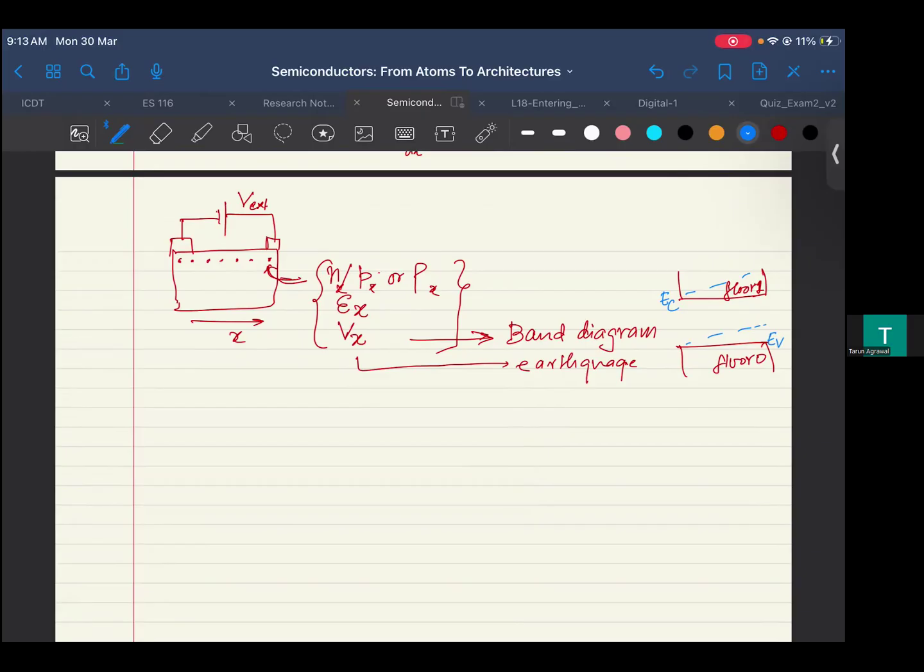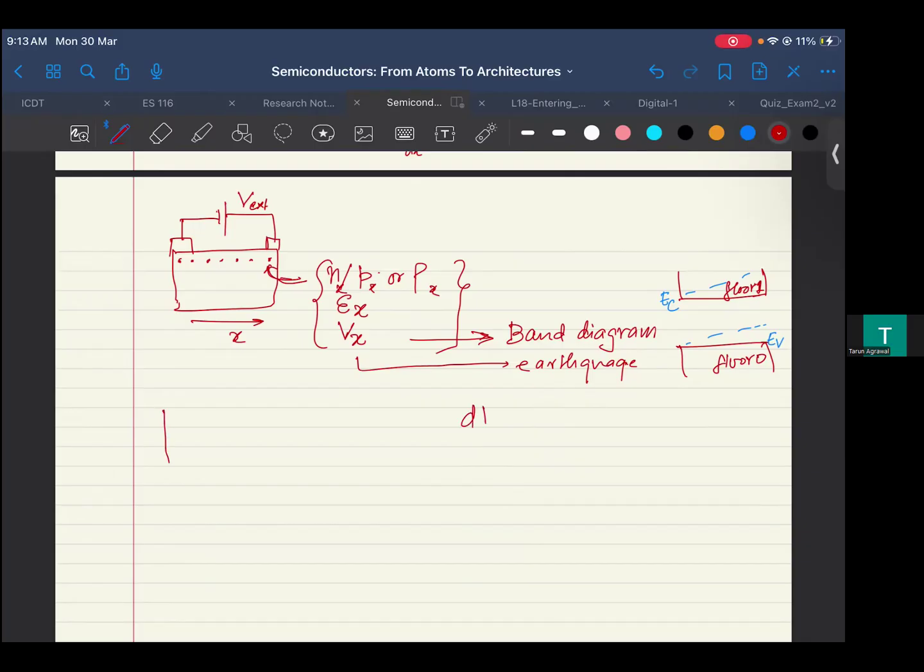So the electrostatics tell me how the charge and electric field are related in the semiconductor. What can I see with this? You can find out that if you know the condition of your charge in your semiconductor, what you have doped, you can actually find out what the electric field and voltages in the semiconductor are.